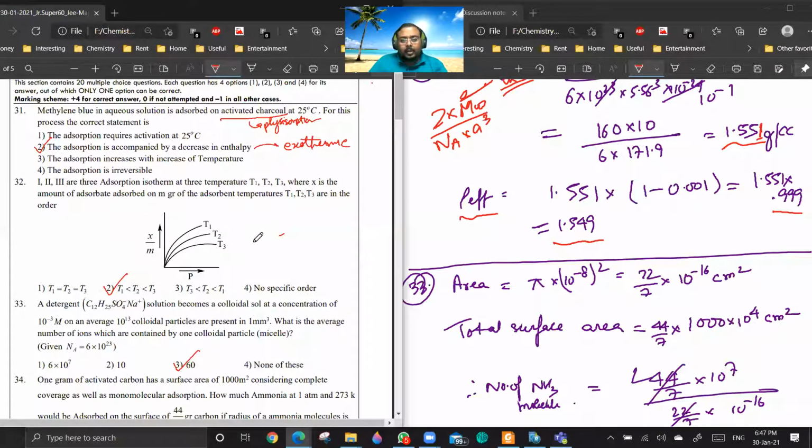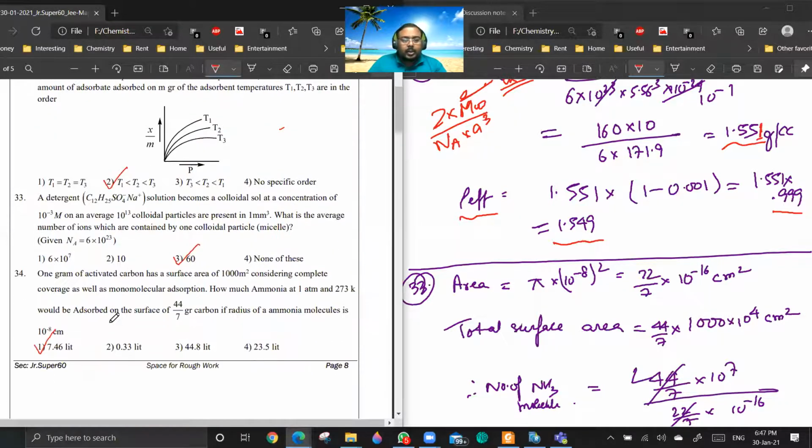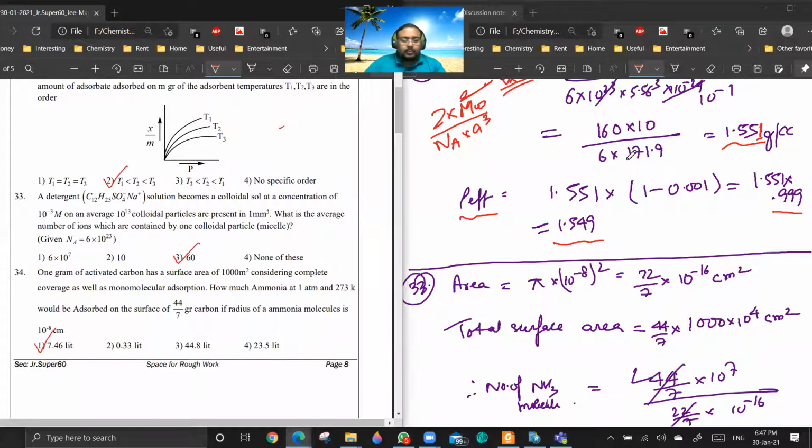If temperature increases, then the extent of adsorption will decrease, as per Willis option. Is it clear? Yes, sir. So T3 will have the maximum and T1 will have the minimum values. Yeah, 33 is a doubt. Yes, sir. 34.